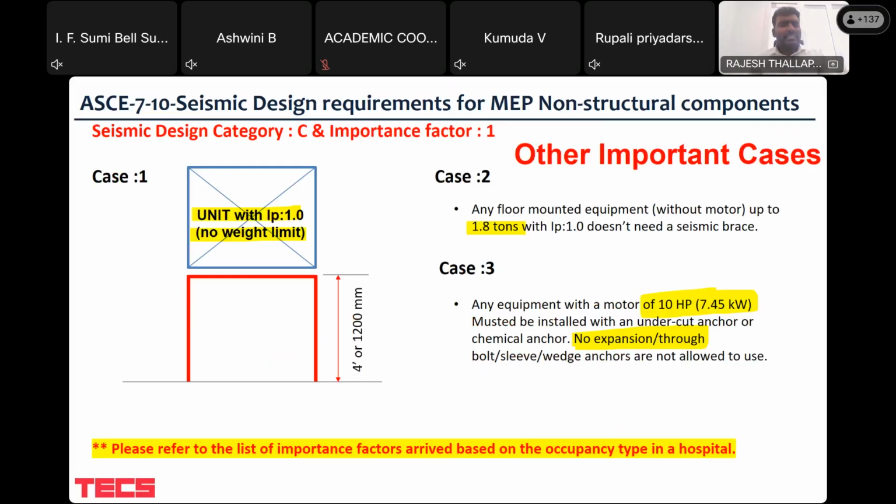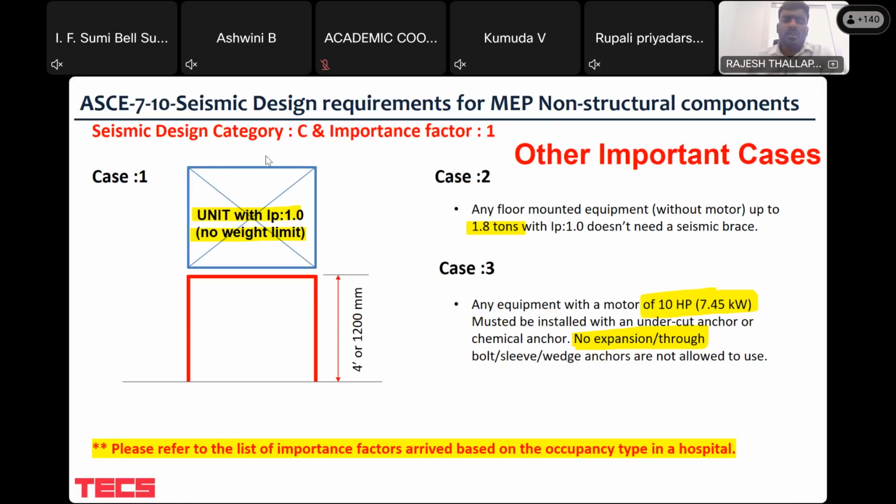Then come some special cases where you have some equipments or structures installed on the rooftop, like a chiller unit or a water tank, as an example, which you can relate to any of the structures.